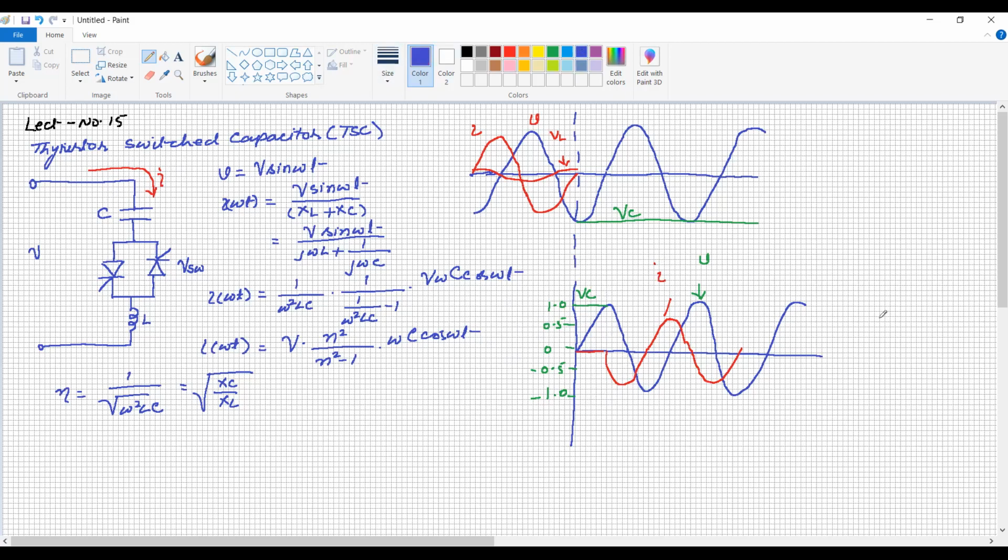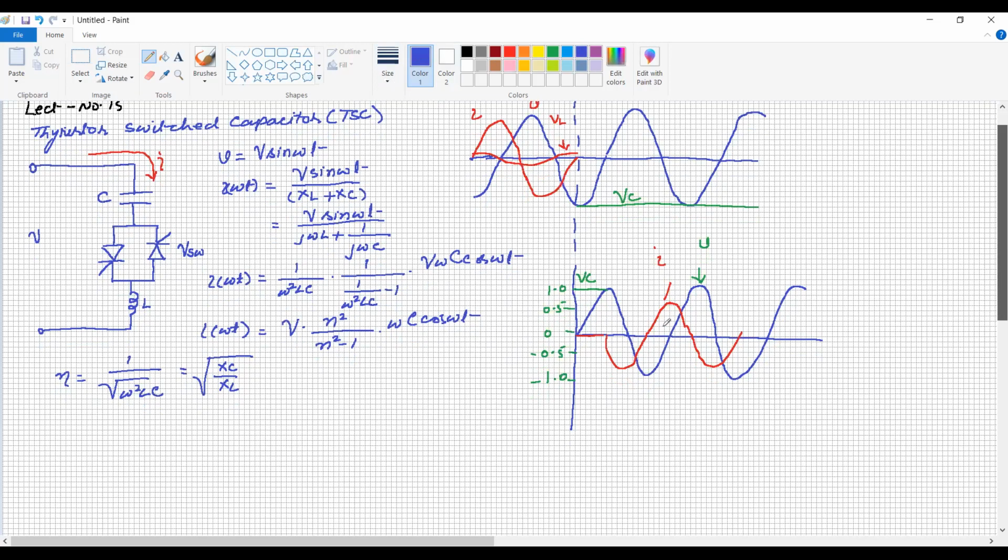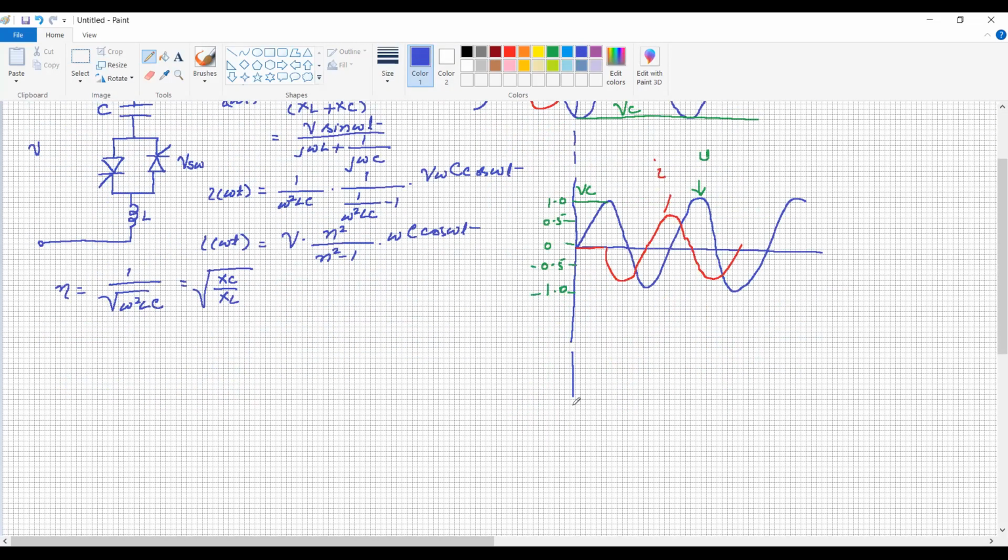Now it is better to draw one more waveform to understand very well, because we can draw some conclusion from this one. Again, I will just draw the same voltage. This is the system voltage, and it is 1 pu. This is minus 1 pu. Okay. Now the capacitor voltage is charged because of the previous value.